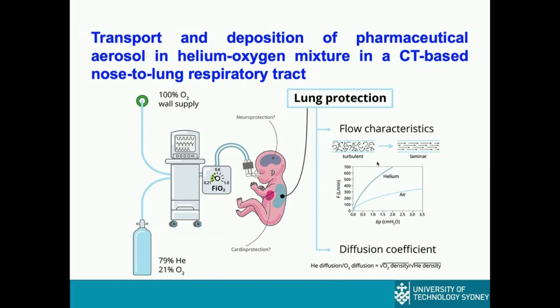So if you use helium, your turbulent flow for air becomes laminar flow. In that mixture we are using about 80% helium and 20% oxygen. So it's called Heliox. Okay. So this Heliox mixture can actually help.